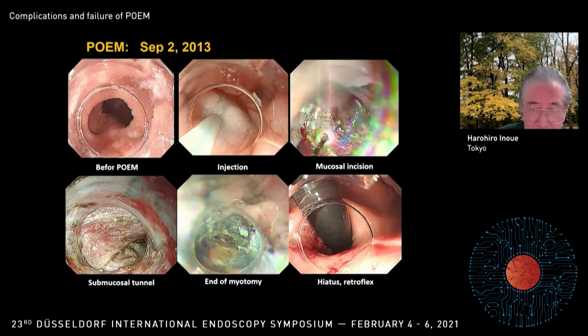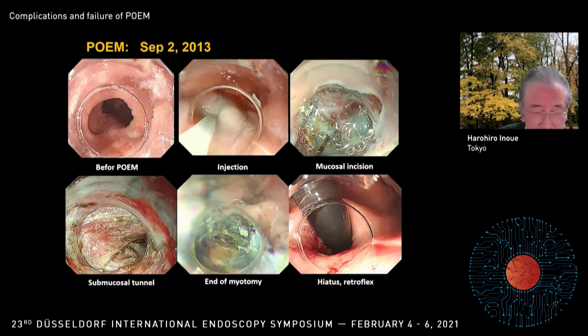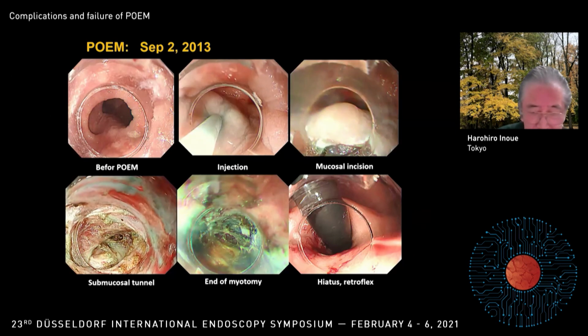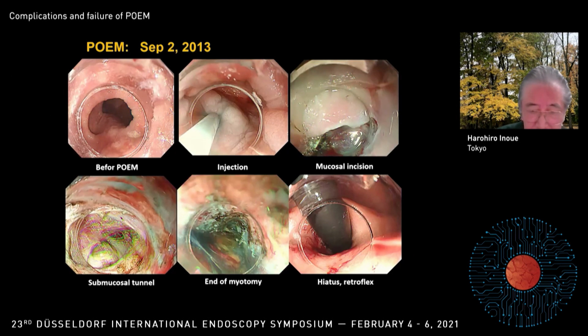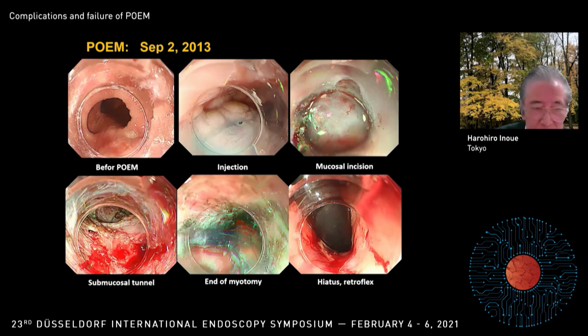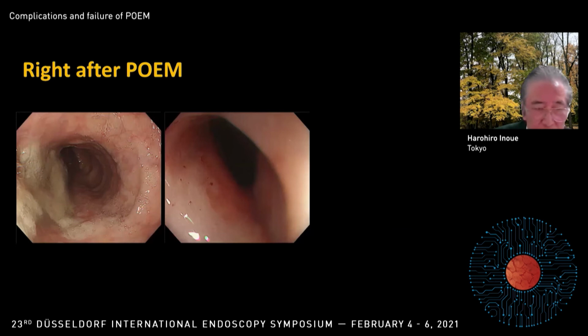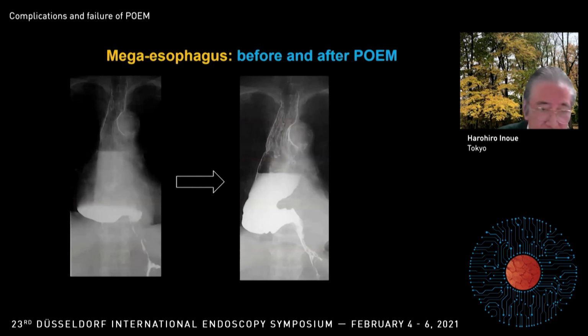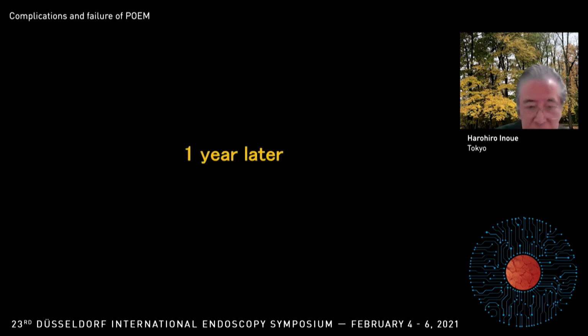There was a lot of fibrosis, and it was very difficult to do the procedure. But finally, the hiatus is open. Right after the POEM procedure, the hiatus is open, and it became a little better than before, with passage of the contrast media through the esophagogastric junction.